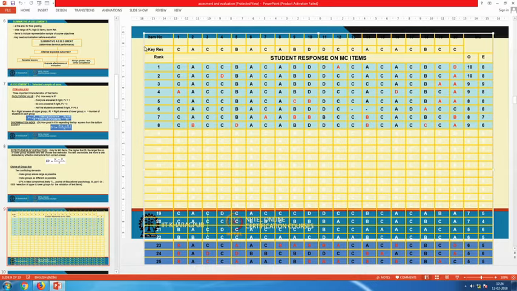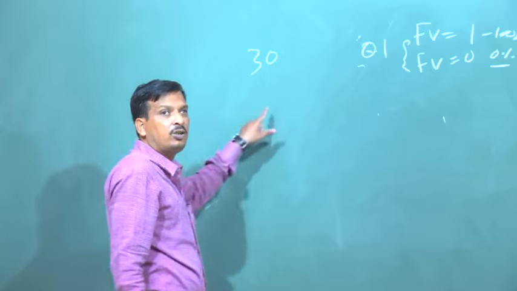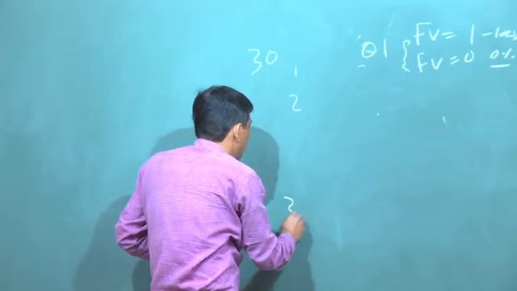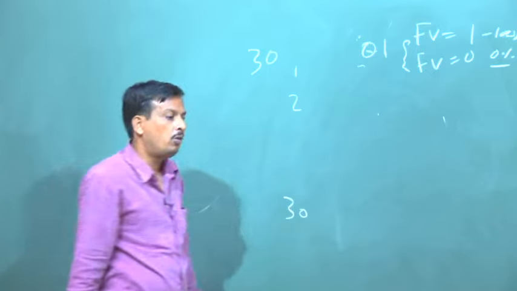So, I have the result of 30 students in a class. Out of 30 students, I rank them 1, 2 up to 30 based on the total marks. What is the test?